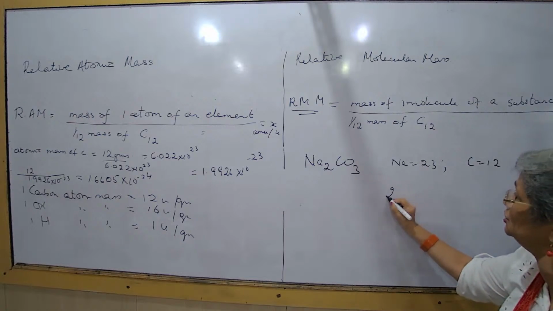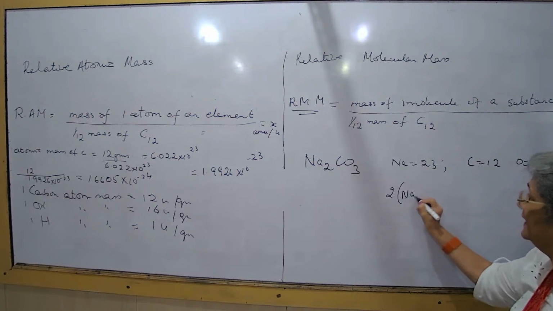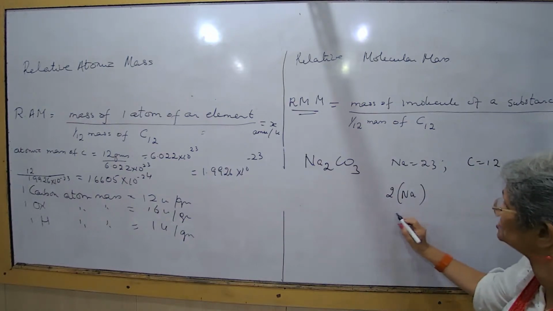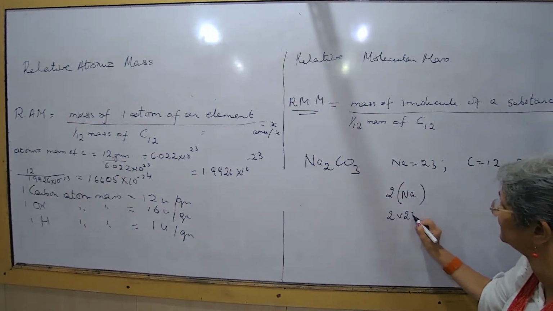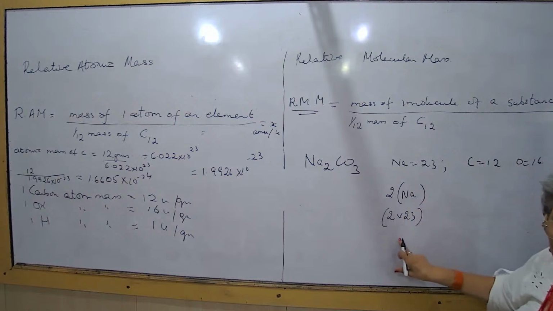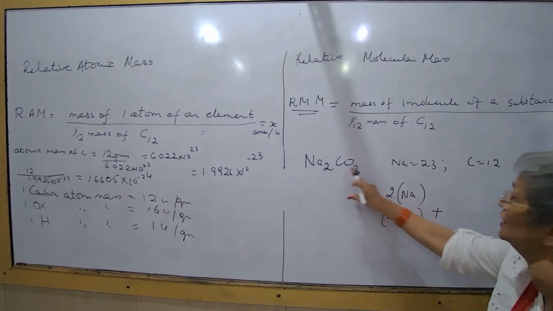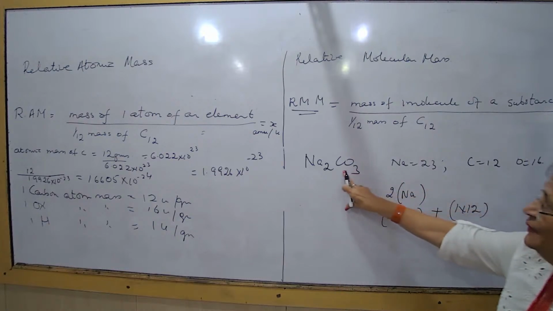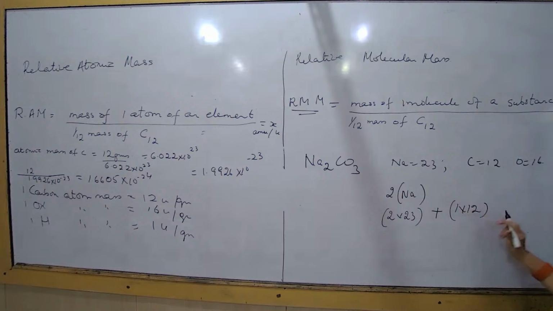It will be 2 into Na. Correct? 2 into Na. That means 2 into 23. Yes or no? Yes. Plus you have got 1 into 12, because there's only one carbon. Plus, what will I get here? 3 into 16.